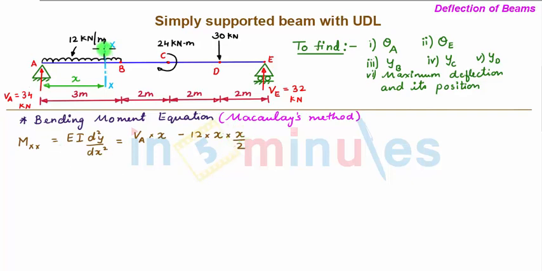Now since this equation is valid between point A and B, let's put this equation into partition 1, which is valid between point A and B.